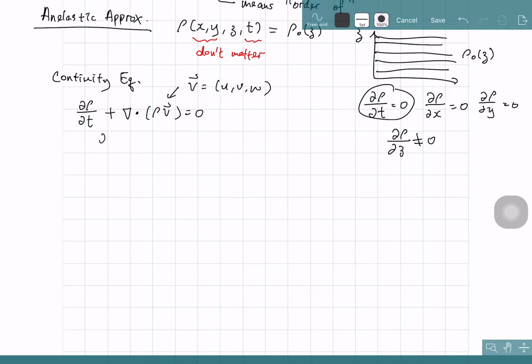And then we can expand the second term, replacing rho with rho naught. Sorry, here it should be all rho naught, or rho, it doesn't matter, it's the same.